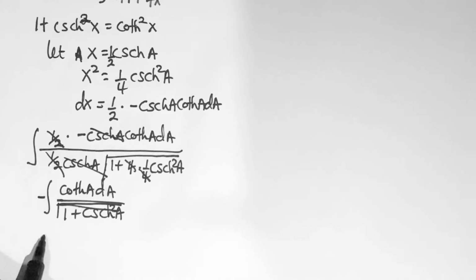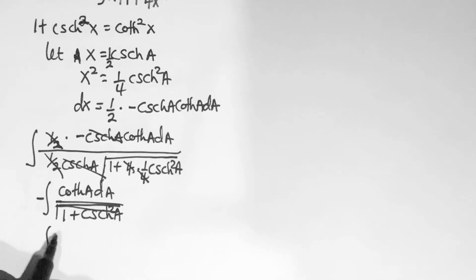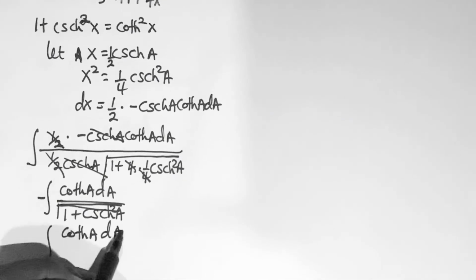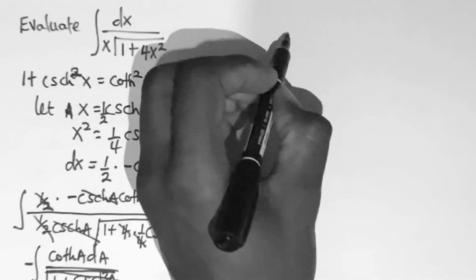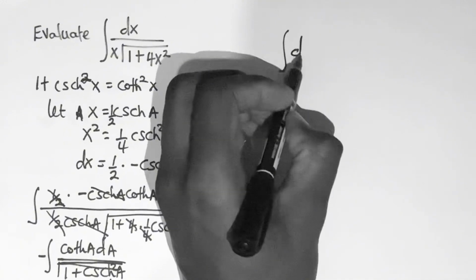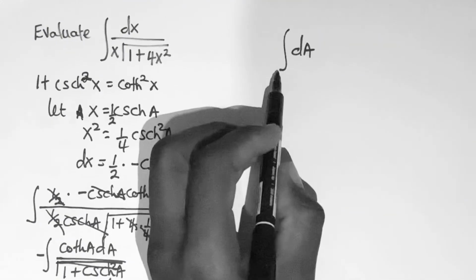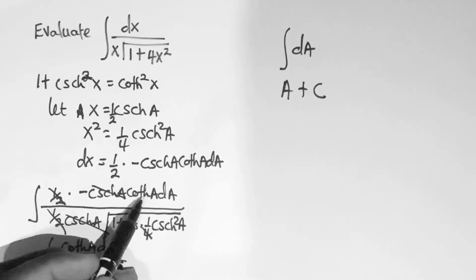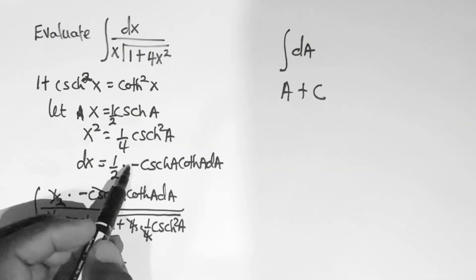So this is equal to the integral of coth a dA divided by coth a. So the integral becomes the integral of dA, and if you integrate dA, you are going to get a plus c, which is the constant of integration.